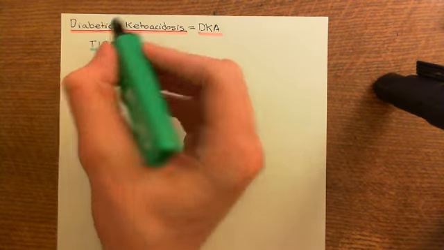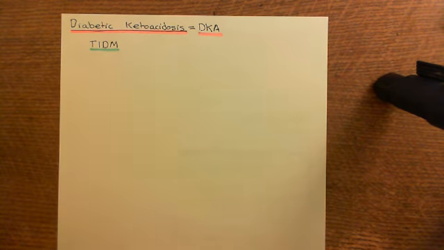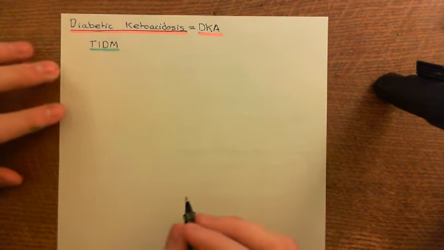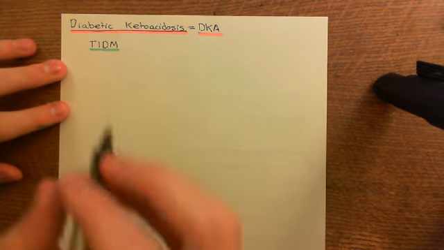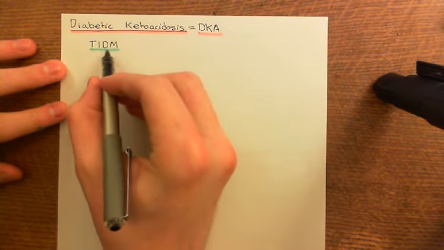But in other forms of diabetes, such as type 2 diabetes, MODY, or gestational diabetes, if the insulin resistance or whatever else gets bad enough that the insulin signaling is compromised so much that you get far too much lipolysis and far too many ketone bodies being produced, then it can also cause diabetic ketoacidosis.